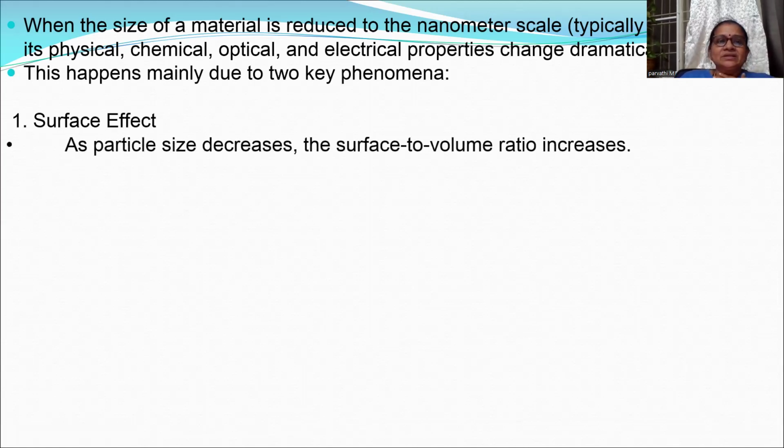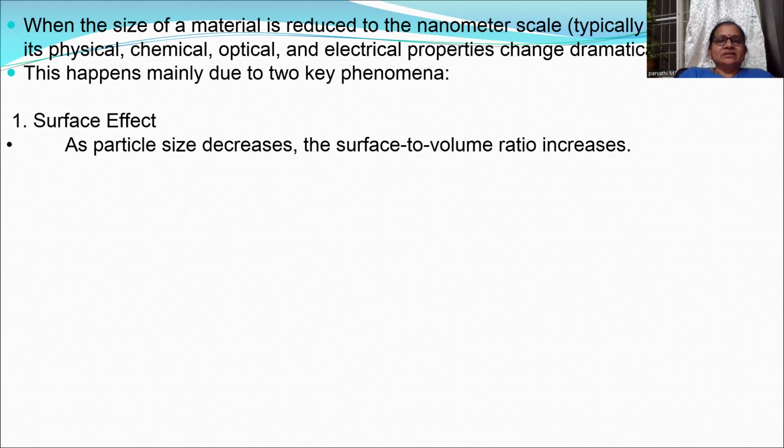One is the surface effect. In the surface effect, the particle size is less and the surface to volume ratio increases, because the material is getting tinier and tinier, so within the available volume, more nanoparticles will fit. As more nanoparticles fit, the reactions and their mobility, everything will be affected on the surface.